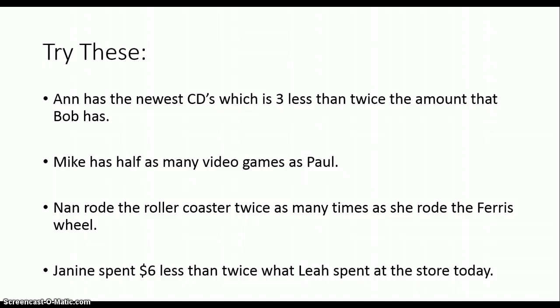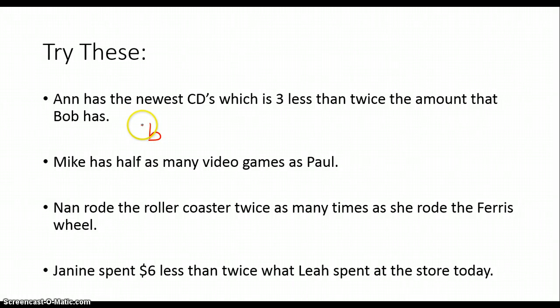So let's try some. Anna has the newest CDs, which is 3 less than twice the amount that Bob has. So if we want to write an expression for how many CDs Anna has, we need to first figure out what Bob has. And we don't know what Bob has.